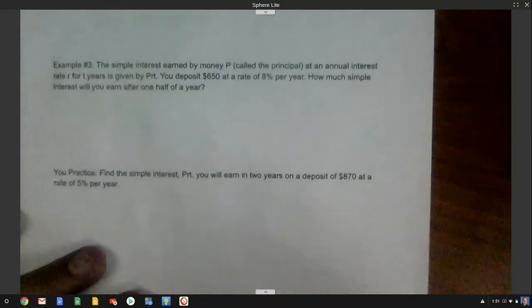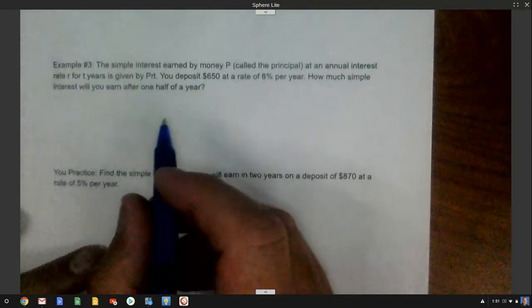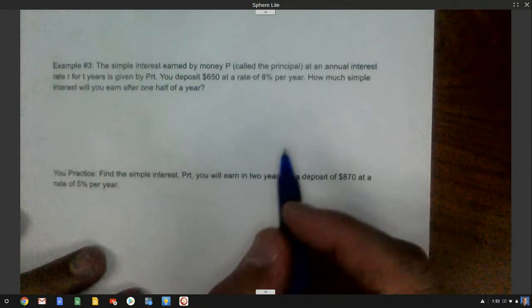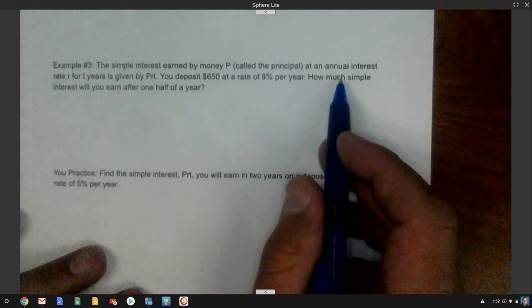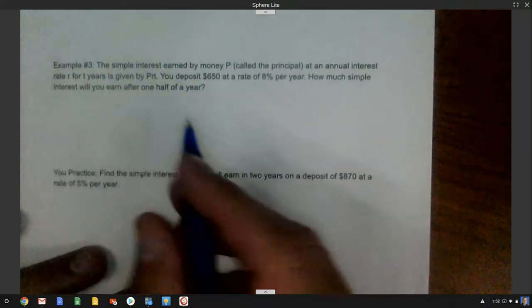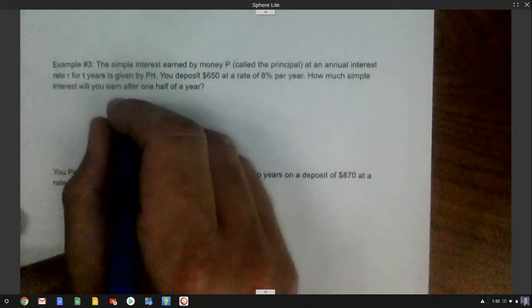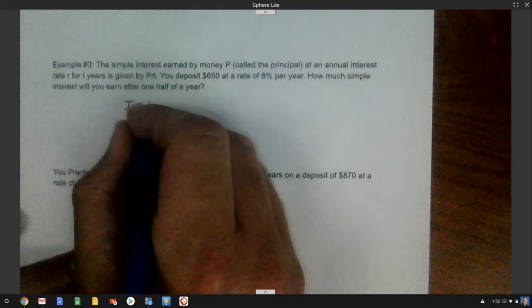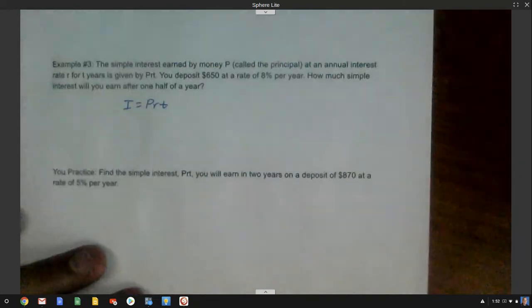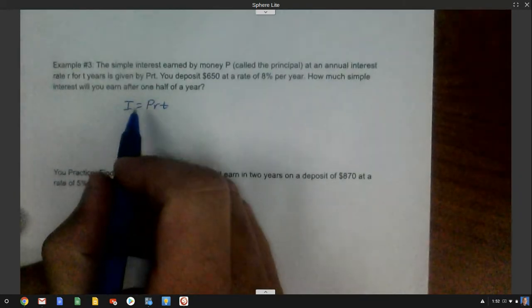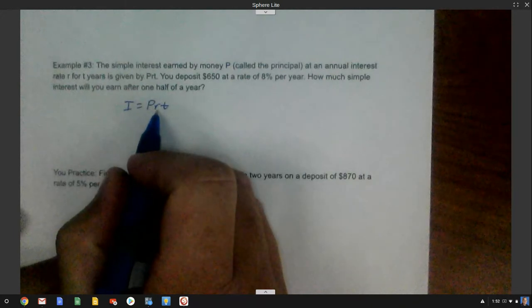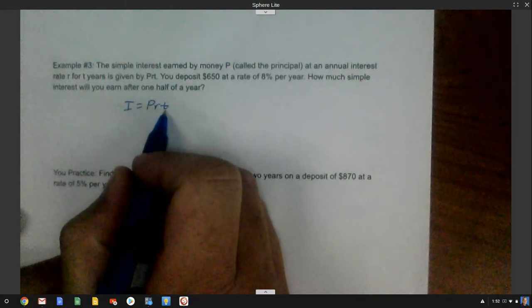Example 3. Another formula you're going to use in this class is the simple interest earned by money, called the principal, at an annual interest rate for t years is given by PRT. So the formula we're looking for is I is equal to PRT. This is the interest, this is how much you put in, this is your rate, this is the time.